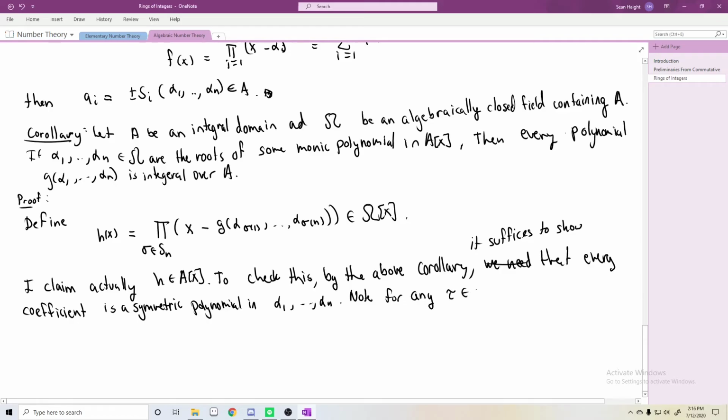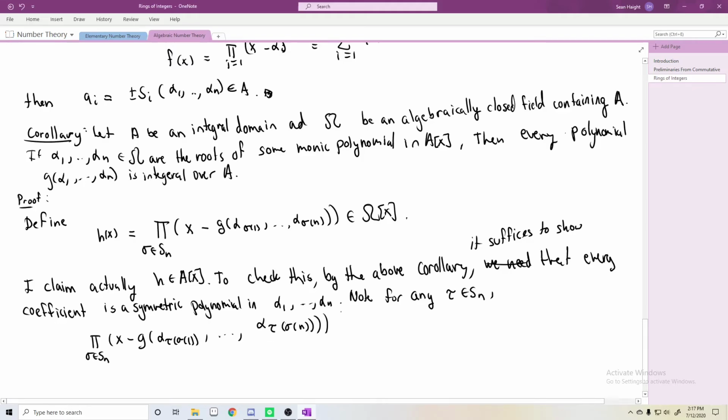For any tau in the symmetric group, if I let the symmetric group act on the roots alpha_1 through alpha_n, this is going to give me something like this, a product of (x minus G(alpha_tau(sigma(1)), ..., alpha_tau(sigma(n)))).